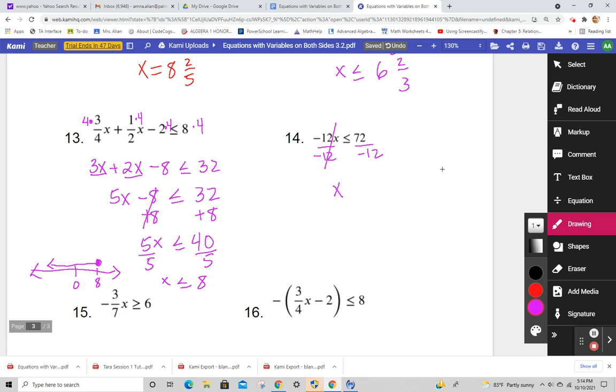But we have to flip the sign because we're dividing by a negative coefficient. And that'll give us negative 6. We'll graph that. I know it doesn't ask, but we're going to graph it anyway. So negative 6 is somewhere on the left. This will be closed because we want it to be equal to or greater than negative 6.